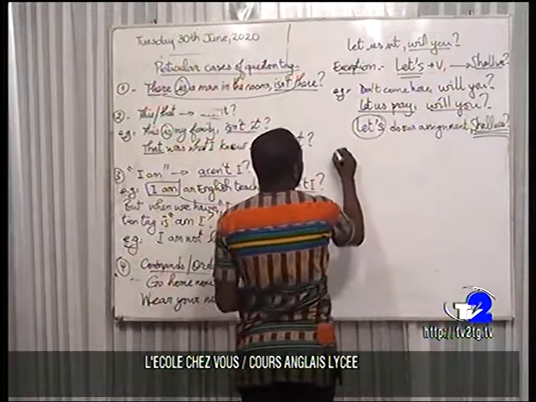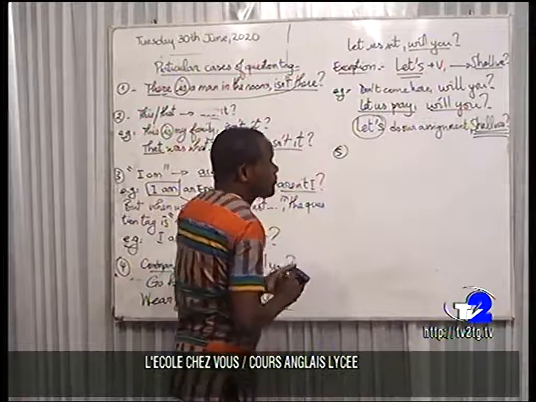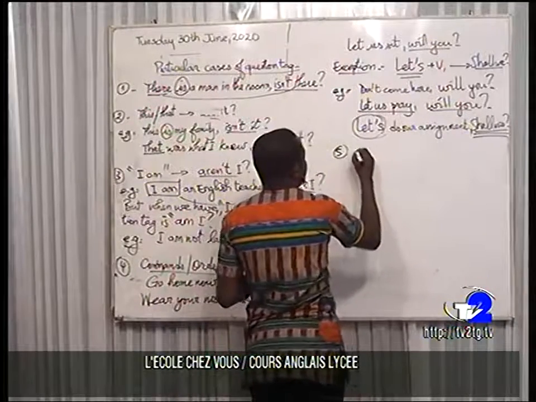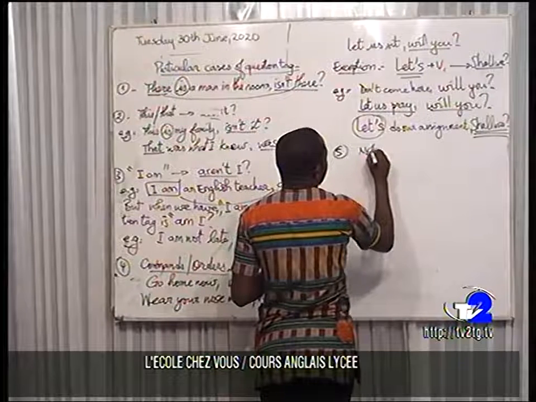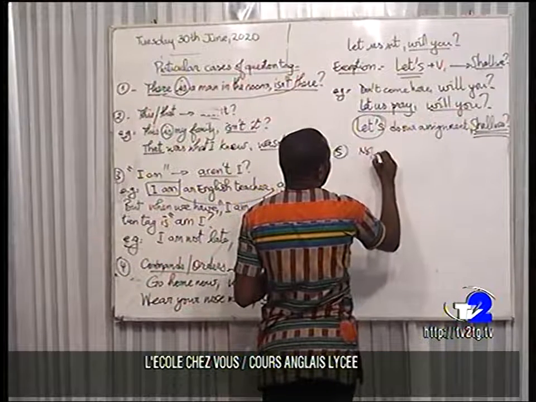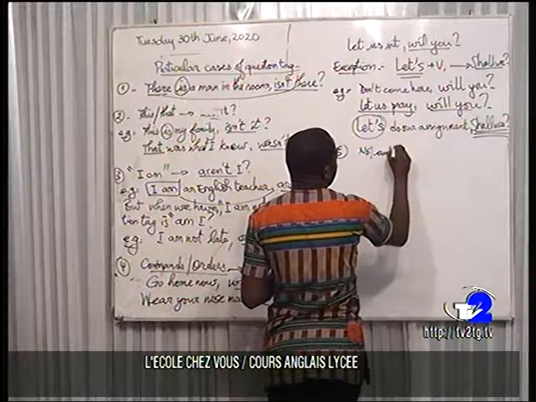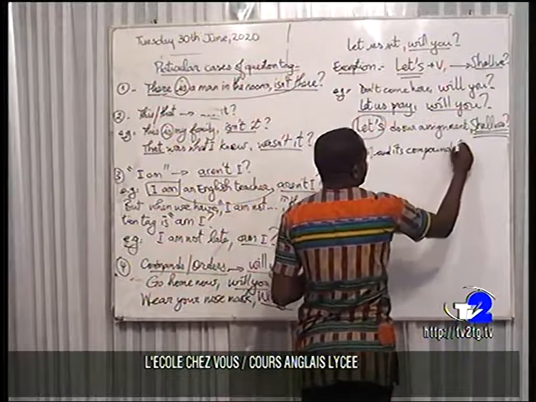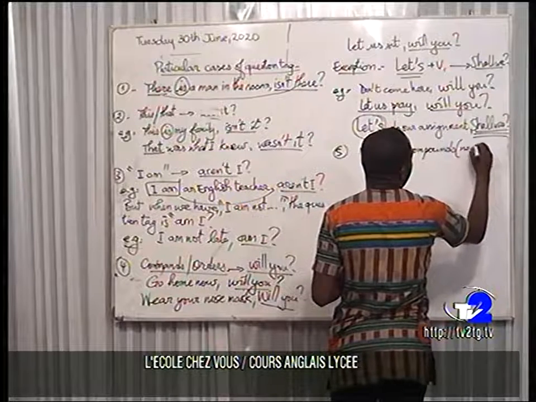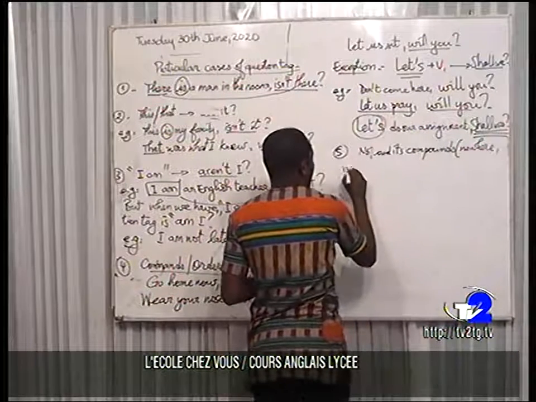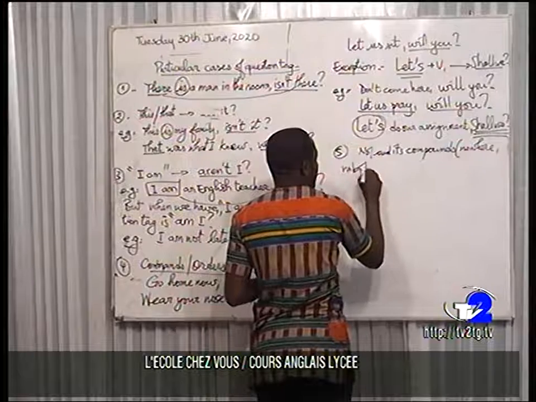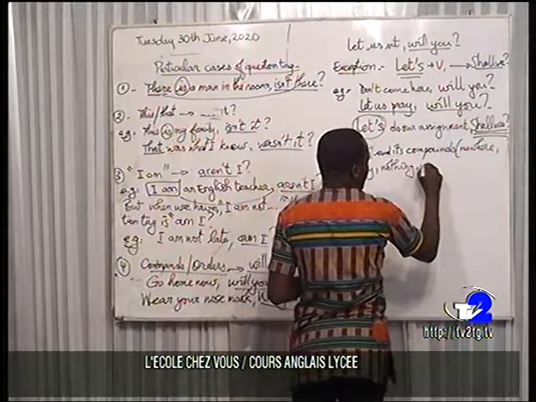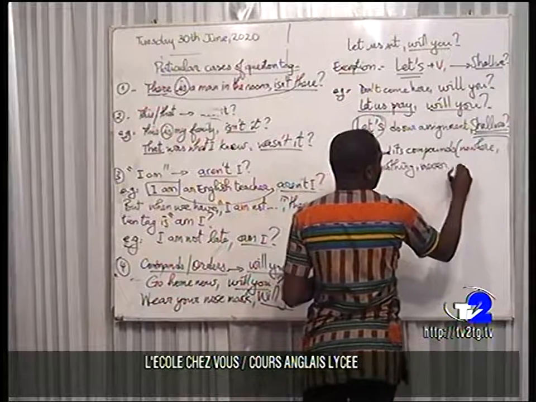So let's continue with point number 5. We have to know that we can form a question tag when we have the word no and its compounds. For instance, nowhere, nobody, nothing, never, and so on.